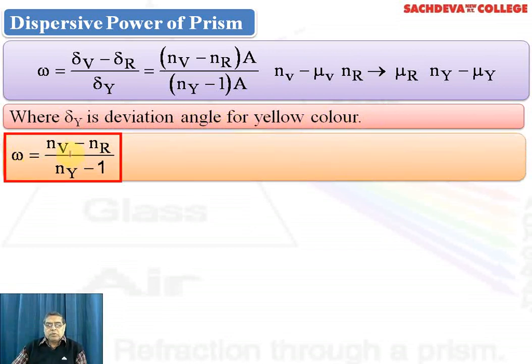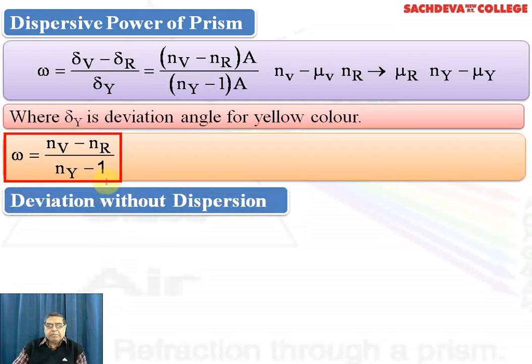Omega is equal to NV minus NR, that is the refractive index for the violet minus the refractive index of the red, divided by the refractive index of yellow light minus 1.